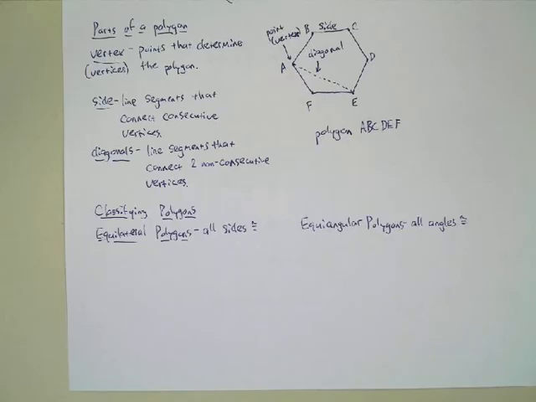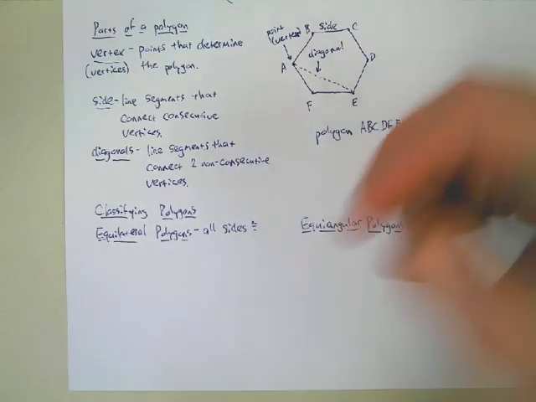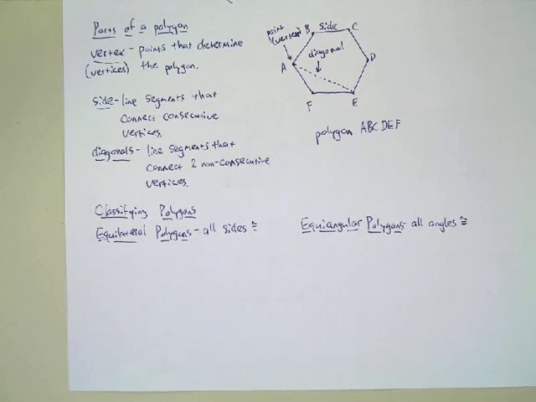So if you remember when we talked about triangles, if a triangle is equilateral, we also knew the triangle was going to be equiangular, right? Is that true for polygons in general, though? If a polygon is equilateral, is it guaranteed to be equiangular? Or if a polygon is equiangular, is it guaranteed to be equilateral? And if not, can you think of a counterexample? Let's do the first one.